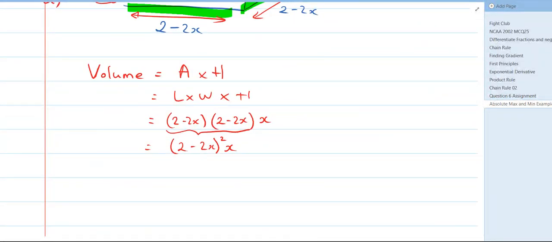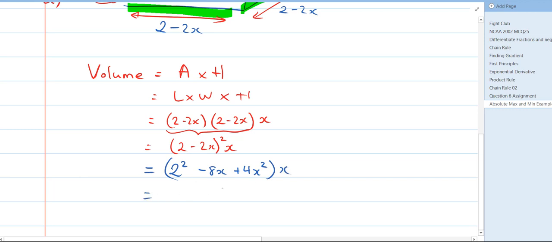Now, if I expand it, again, going back to quadratics, square the first term, which is 2 squared, then 2 times the terms inside, so 2 times 2 times negative 2x gives you negative 8x, and then plus 4x squared, and this is all being multiplied by x.